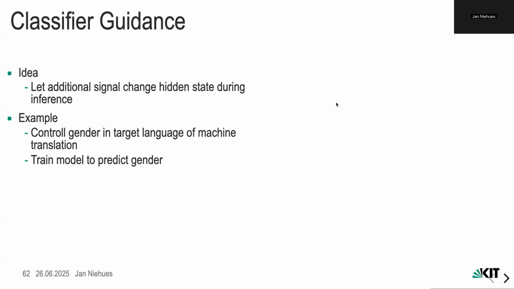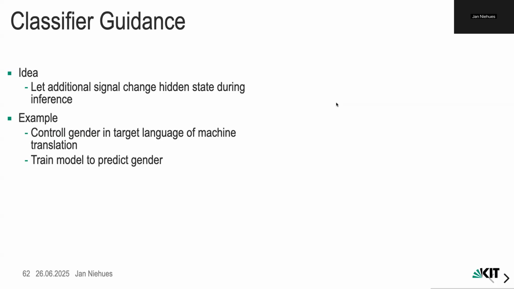For example, imagine you translate from English to German or another language, where there might be gender information, and this information is not in the input. Or you want to control formality. You don't know whether you should generate Sie or du. What you can do is, during inference, check what type of attribute it is currently generating, and then force the model to use the correct type of signal.